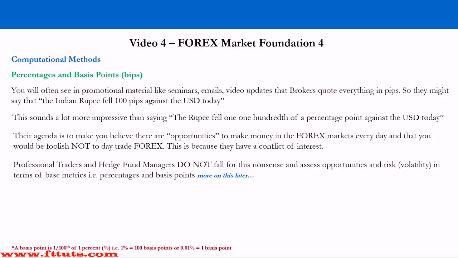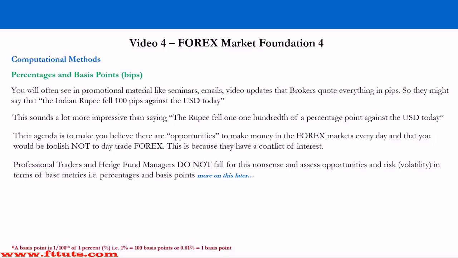So the unit size of Forex pairs in the currency markets is calculated in pips, but do not make the mistake and fall into the trap of thinking that opportunities and risk should be calculated in pips. That's just extremely amateur, and it's something that all retail brokers and retail educators who are in bed with the brokers, who have contracts with them where they get a rebate on commission and volumes, want you to believe because they have an agenda.